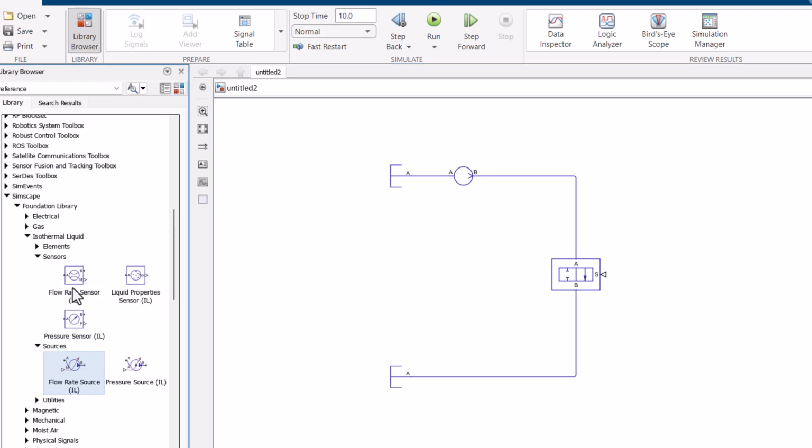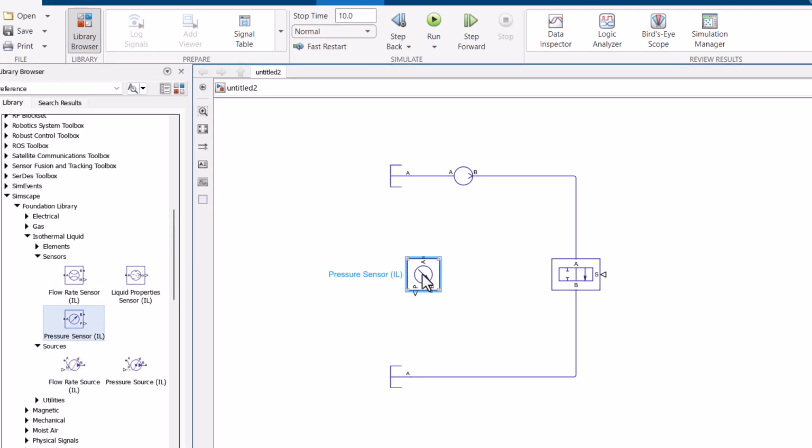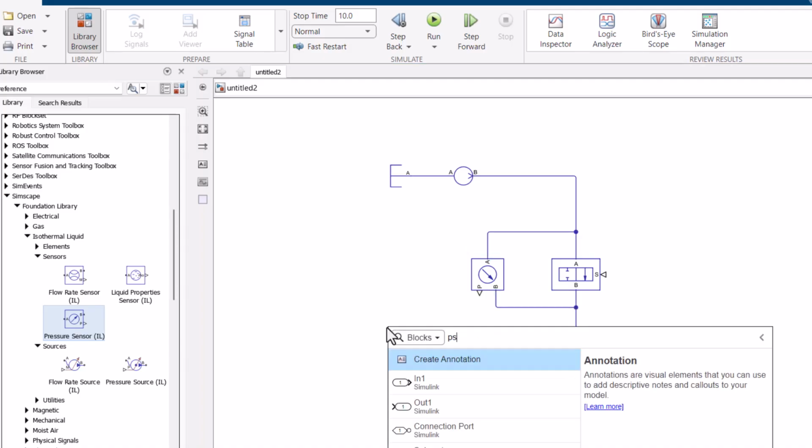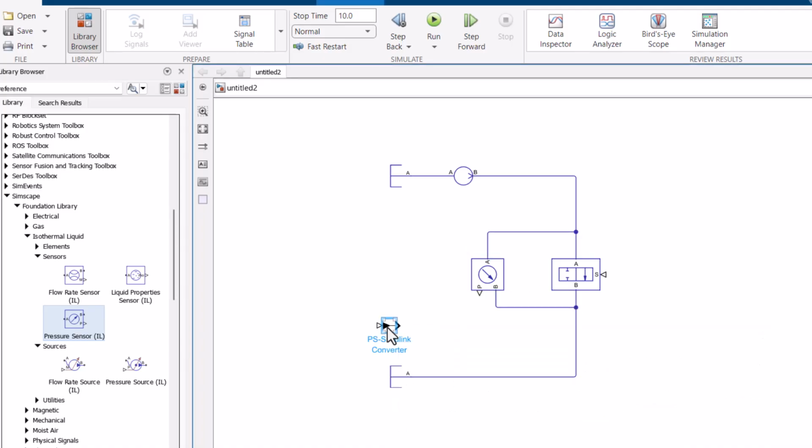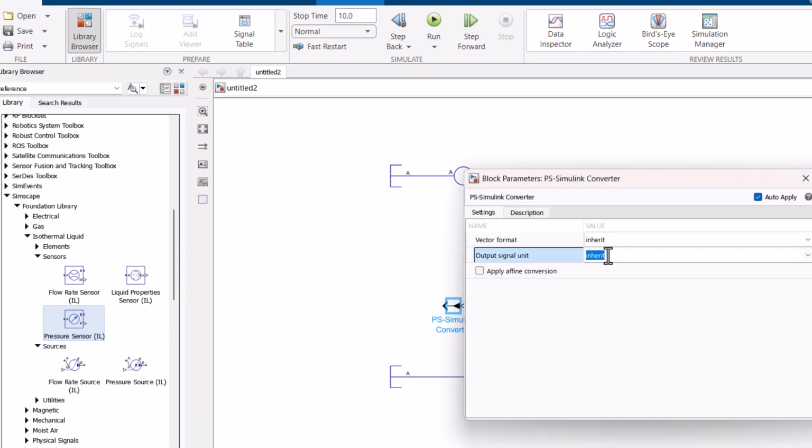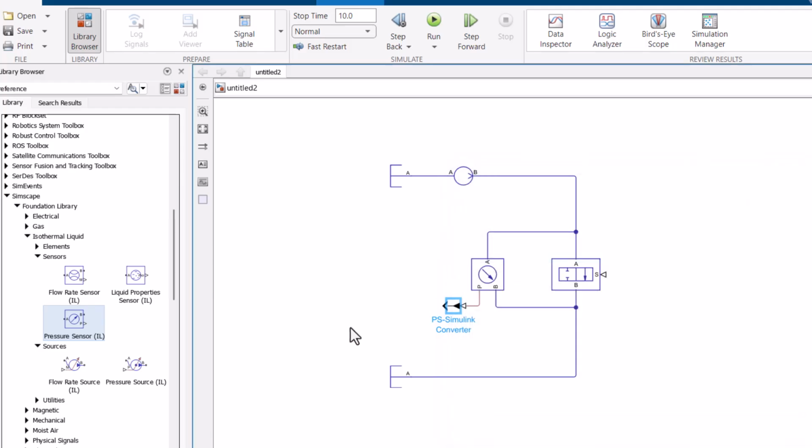I also want to see the pressure drop across this valve, so I add a PS Simulink converter, and I ask for the pressure drop in PSI units. I also need a display block. And by the way, I have already made a tutorial on the sensors in Simulink. So if you want to learn how to work with pressure sensors, temperature sensors or flow rate sensors, make sure you watch the tutorial.